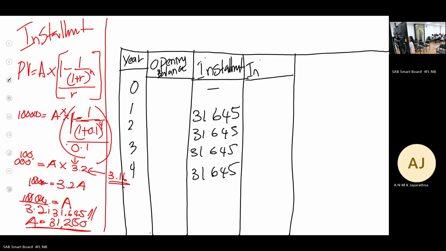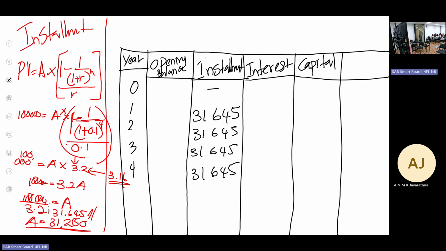Next one, interest. And then capital amount, and then closing balance.